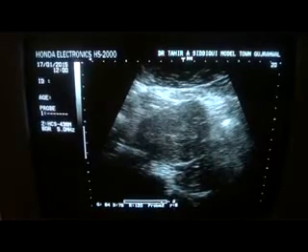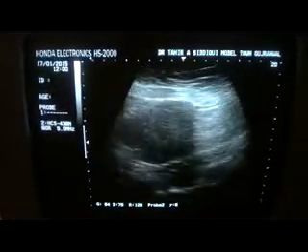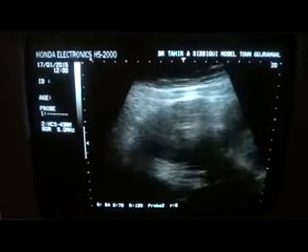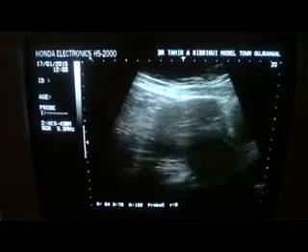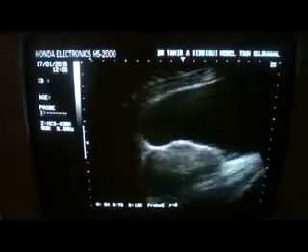Incomplete abortion. You will see it in longitudinal section as well as in transverse section both. Let me show you in another view.